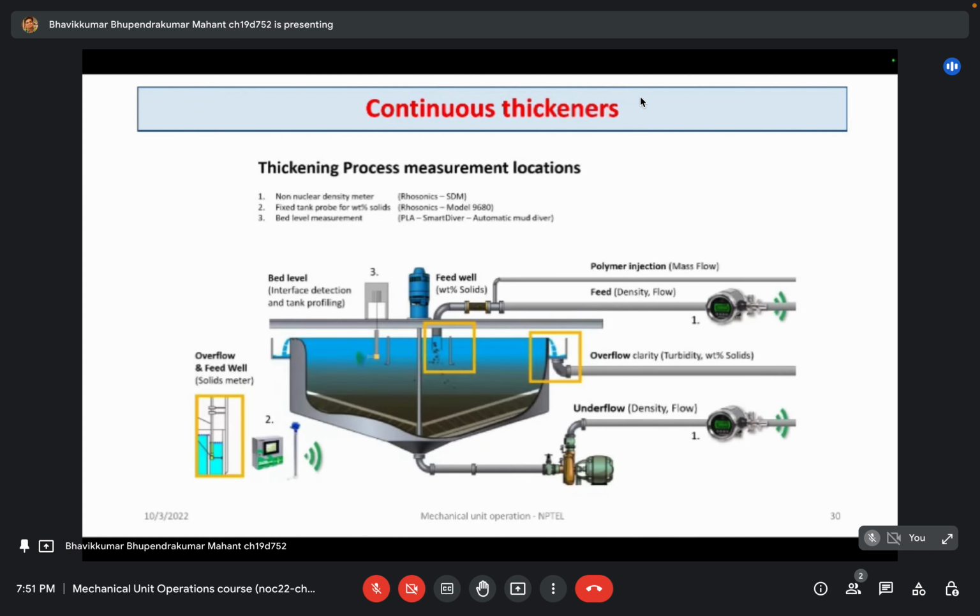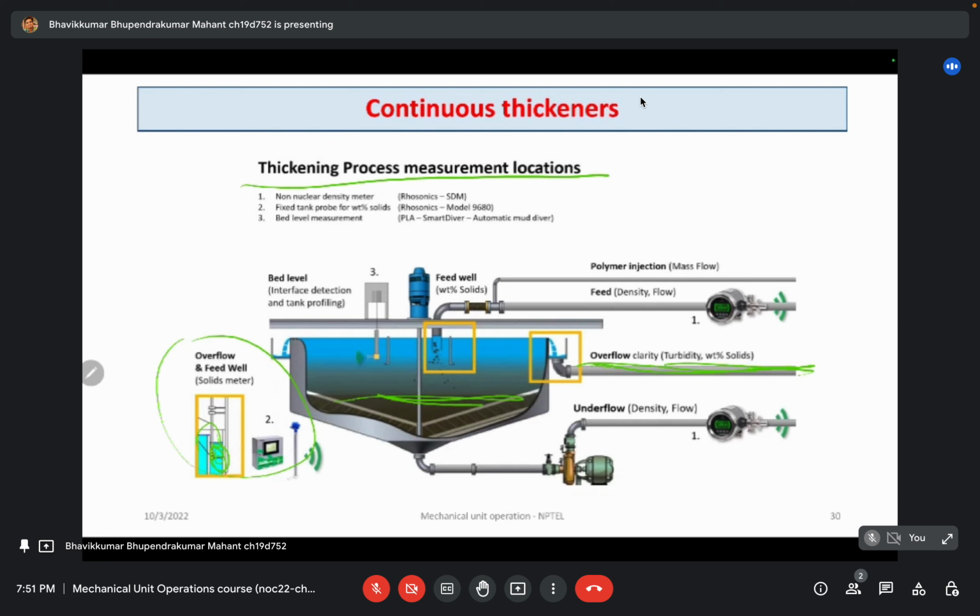Now this is the actual layout of thickeners, with the thickening process measurement locations. As you can see, this is the overflow. Here it is magnified. The overflow goes into a reservoir, and then it goes through a pipeline for clarification.